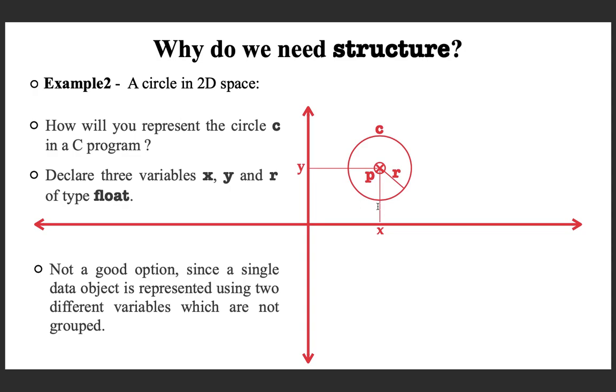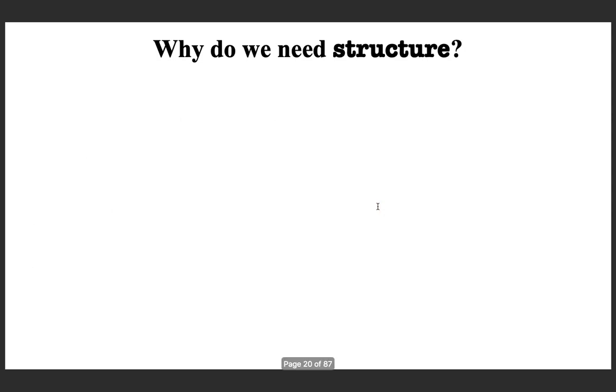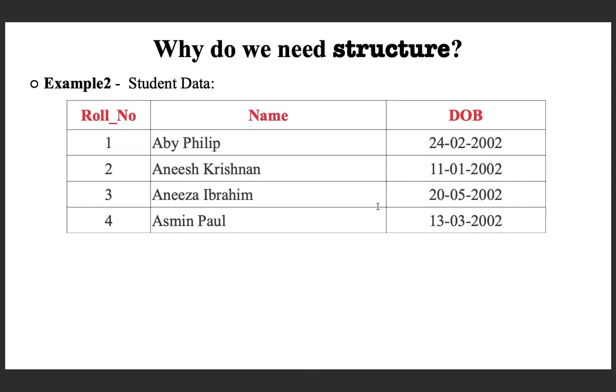Before we formally introduce structure, let us look at one more example. Suppose in a program you want to maintain these details about the students in a class. For each student, you need to remember her or his roll number, name, and date of birth.